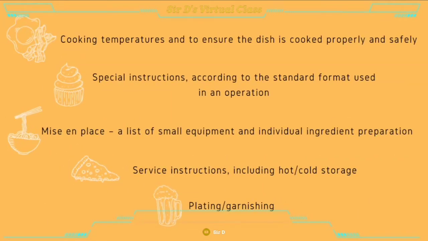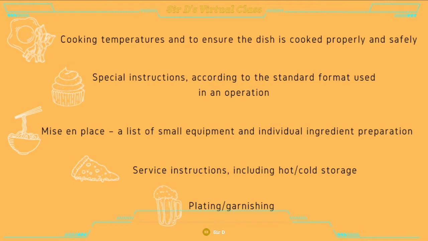Cooking temperature is used to ensure that the dish is cooked properly and safely. We don't want overcooked or undercooked food. Special instructions according to the standard format used in an operation, the step-by-step process. Mise en place, a list of small equipment and individual ingredient preparations.